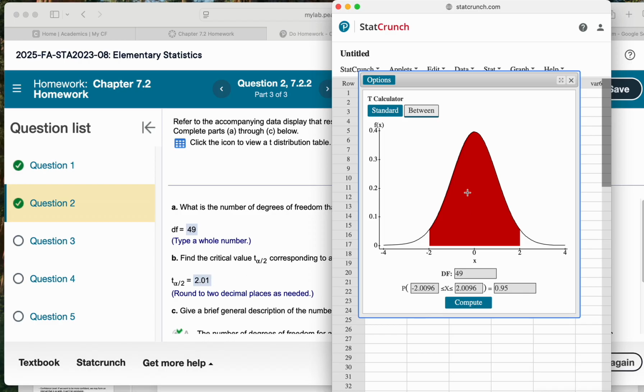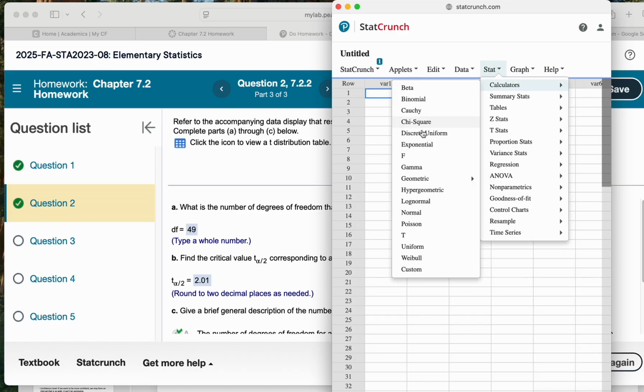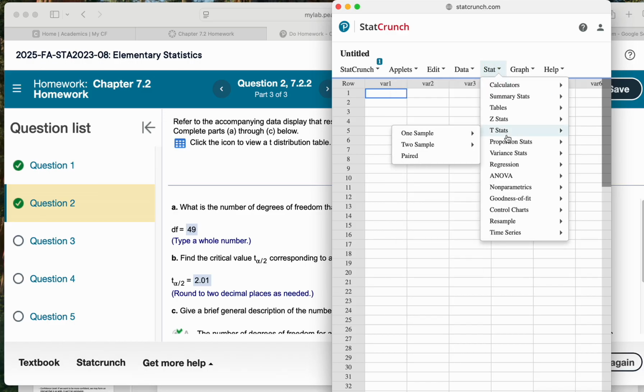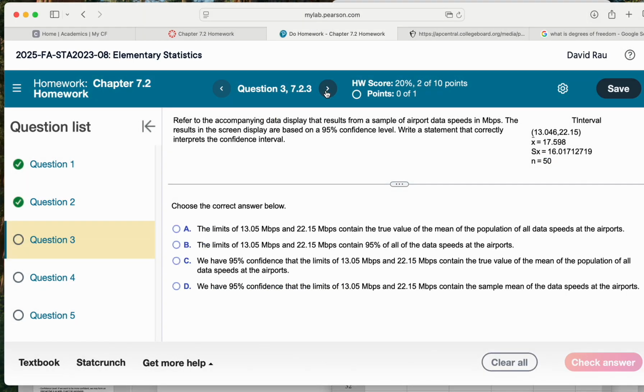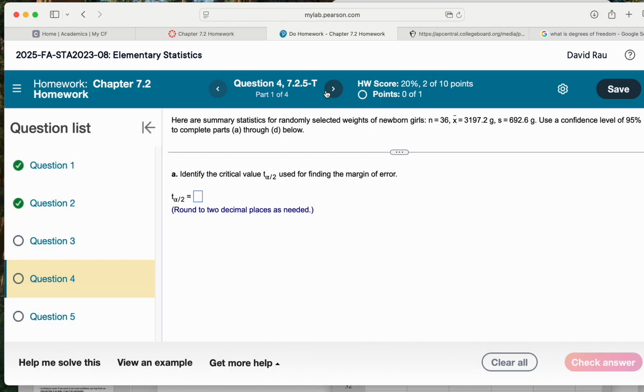So again, we just went to the T calculator. Notice that that was in stat calculators, not in T-stats yet, right? We'll use T-stats in a second, probably by this next question. But there we go. I'm going to skip over this one for the sake of time, and yeah, let's dive into going through a whole example.